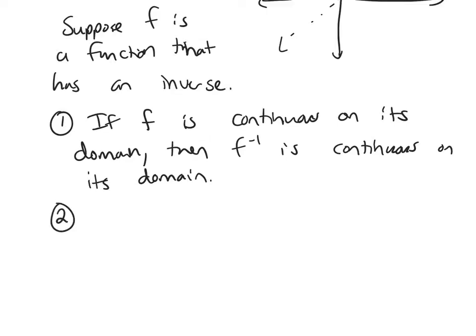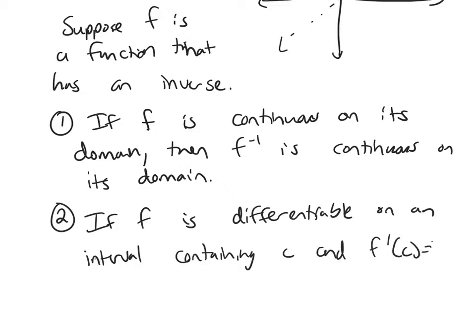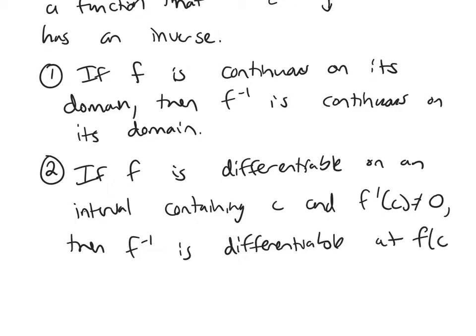And the same thing applies for being differentiable. If f is differentiable on an open interval, or I'll just say on an interval containing c, and I know that when I plug c into the derivative, it's not 0, then f inverse is differentiable at f of c.